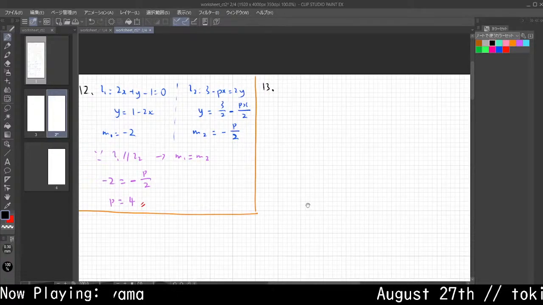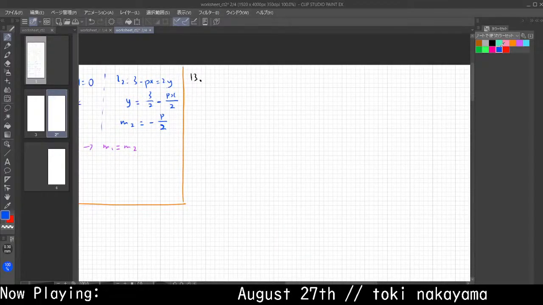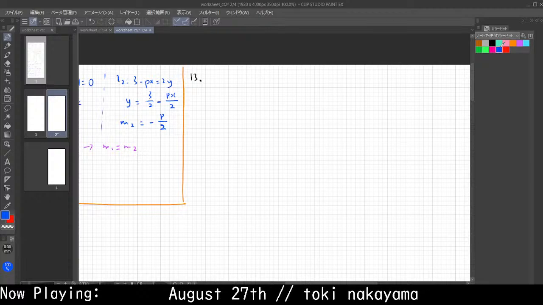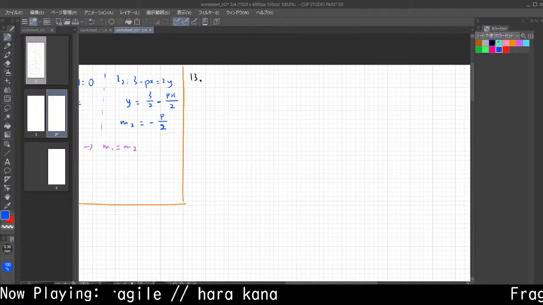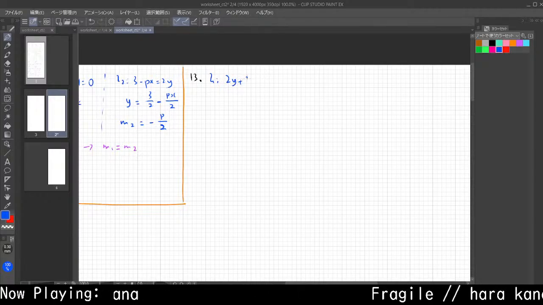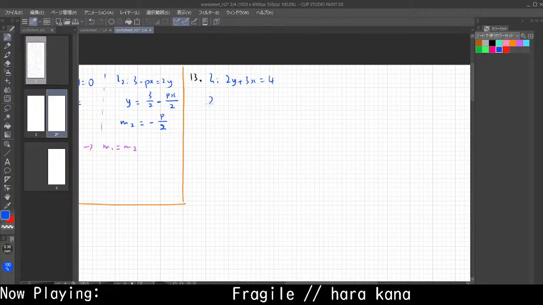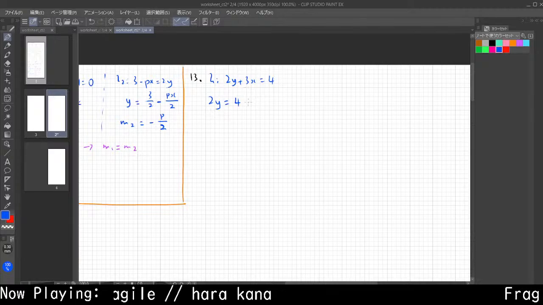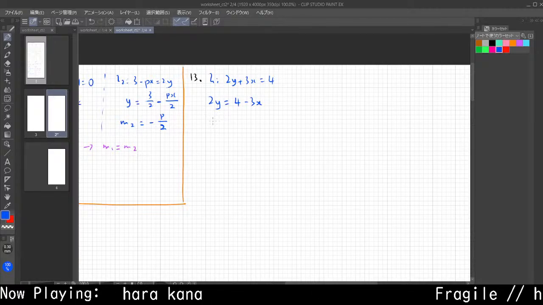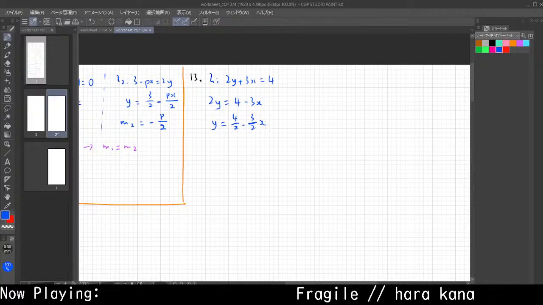Okay, 13. Given the lines L1, L2 such that L1 is perpendicular to L2, find the value of A. So same thing, you want to find both gradients. So change it into y equals to mx plus c. 3x you bring over, becomes minus 4 minus 3x. 2 you bring over to divide, 4 divide 2, minus 3 over 2, 3x over 2.